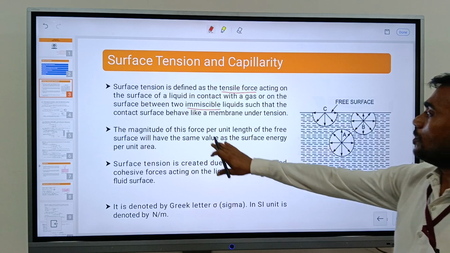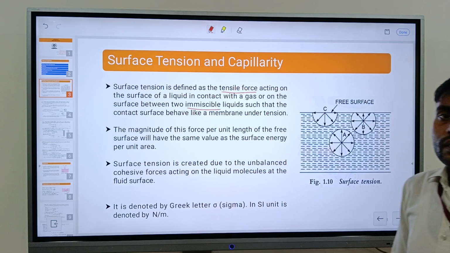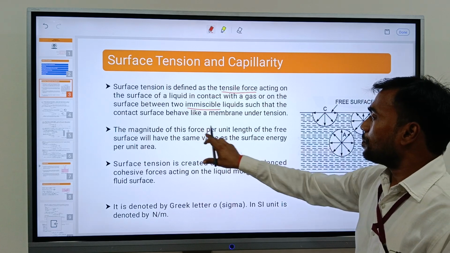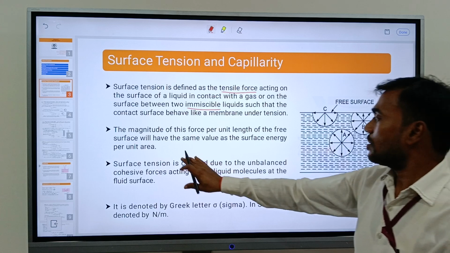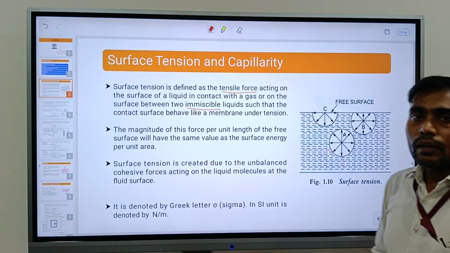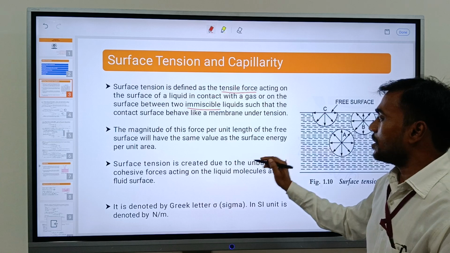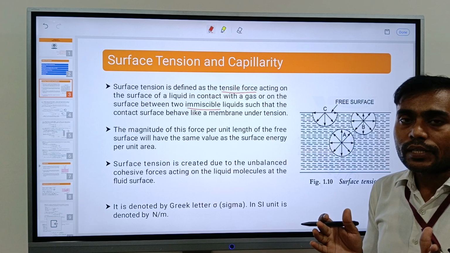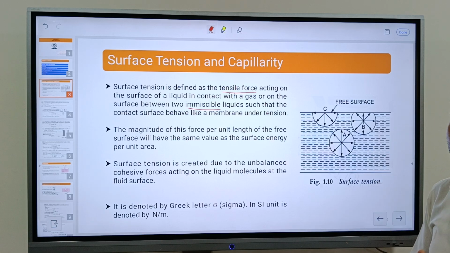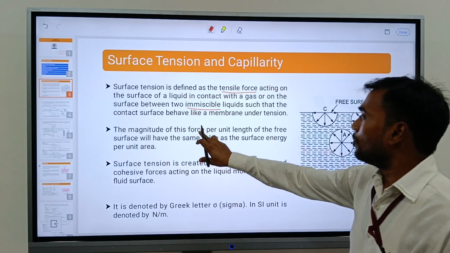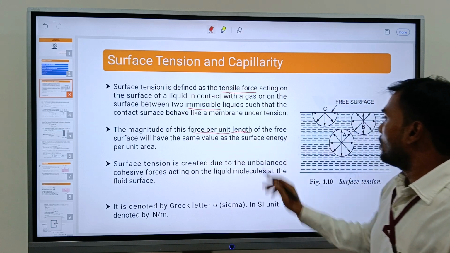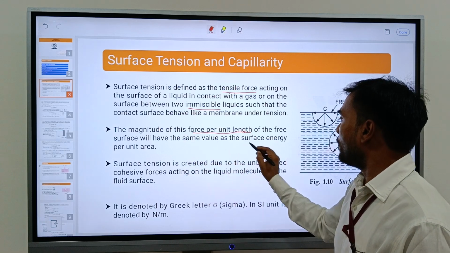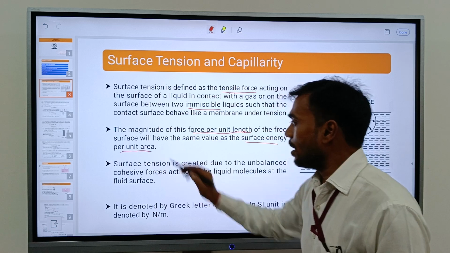The magnitude of this tensile force can be measured as force per unit length of the free surface, and it has the same value as the surface energy per unit area.